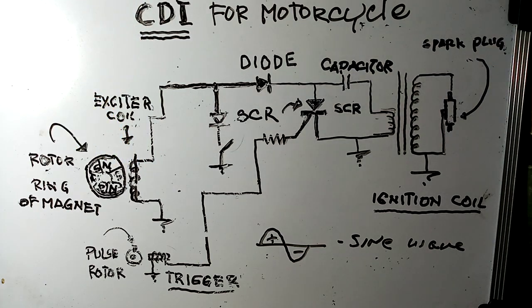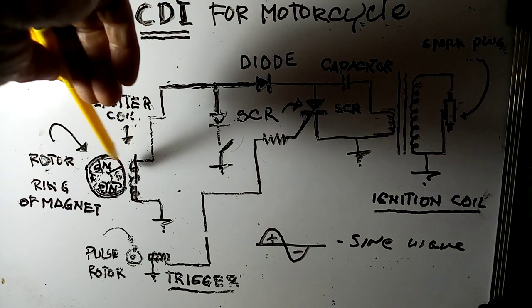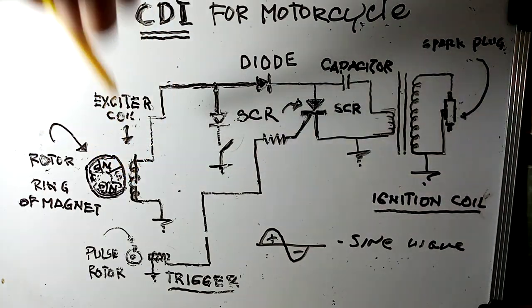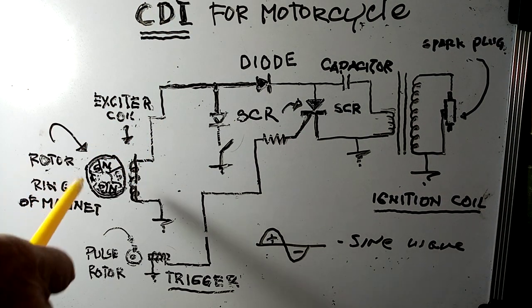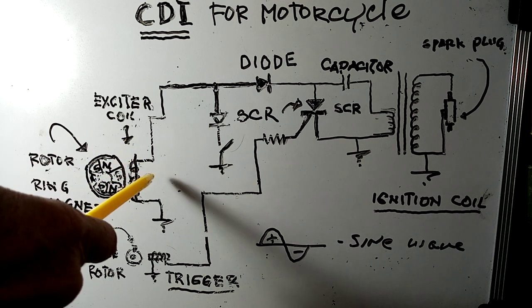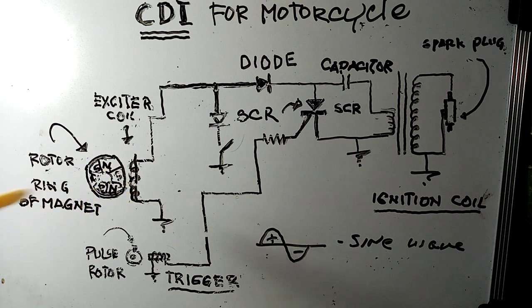So according to Faraday's law, a magnet in motion in a coil will produce a certain voltage here. But facing the north and south, the sinusoidal wave which the coil produces will also invert in alternation.